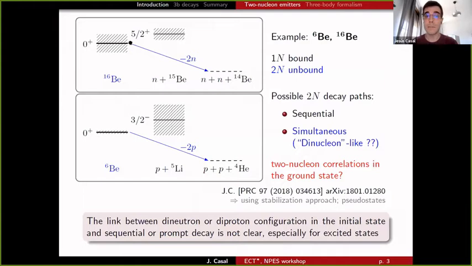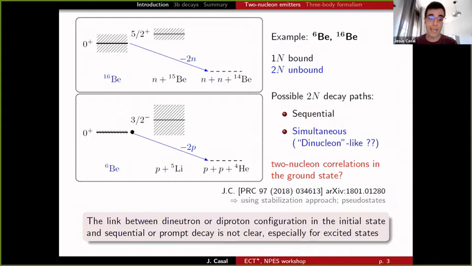And this means that we expect this decay to proceed directly because the sequential decay is mostly energetically forbidden, although some sequential decay will be possible because these states are broad. In any case, the naive picture is that this direct decay will be enhanced or favored if we have strong dineutron correlations in the initial state.